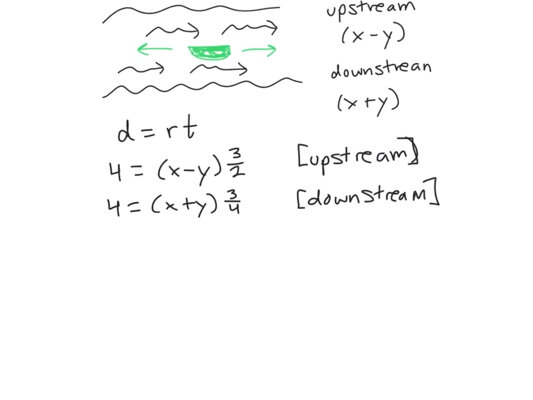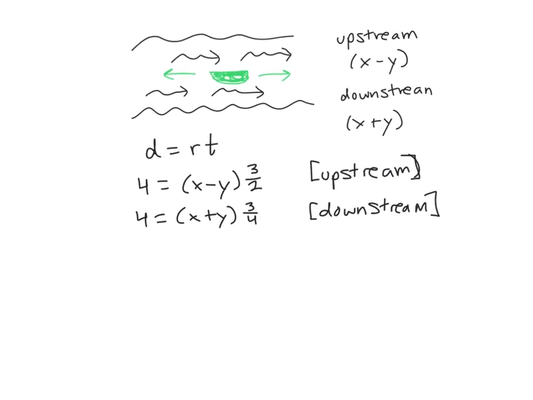Okay, so now we can start solving. Here, maybe I will distribute the 3 to the inside of our parentheses, and then I'll multiply both sides by 2 to clear the fraction, and then by 4 here. So if we rewrite our equations, we get 8 equals 3x minus 3y, and then 16 equals 3x plus 3y.